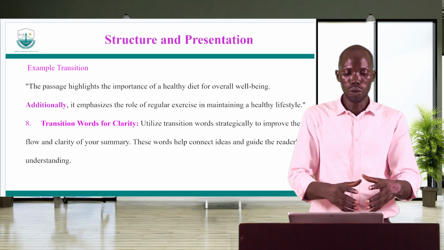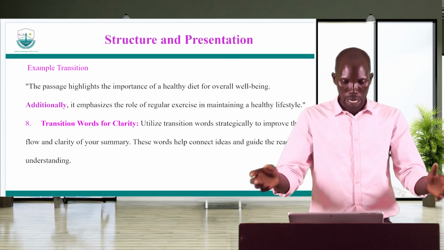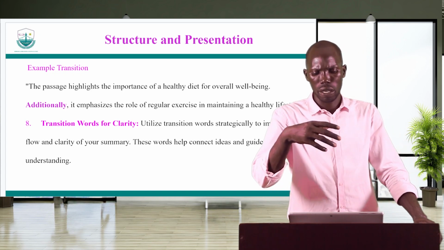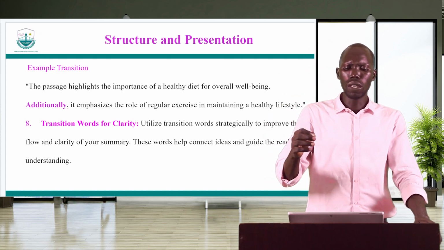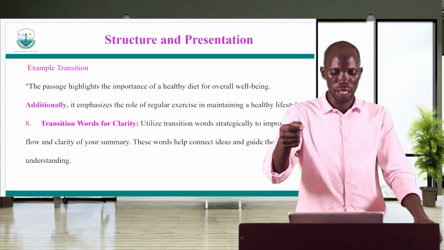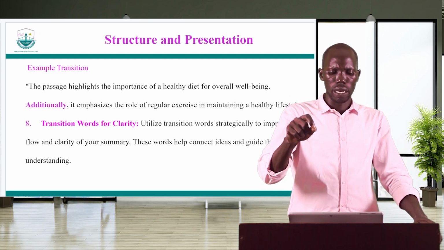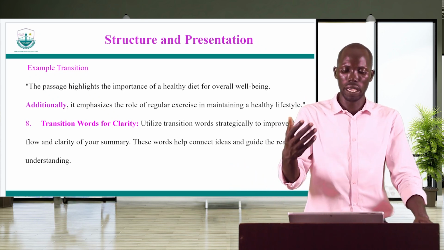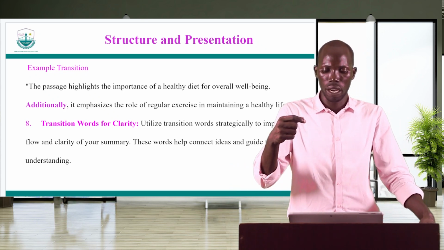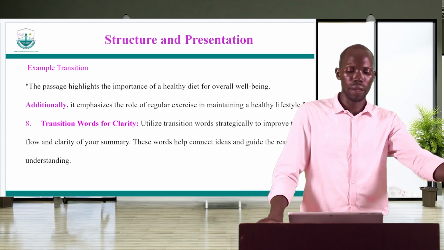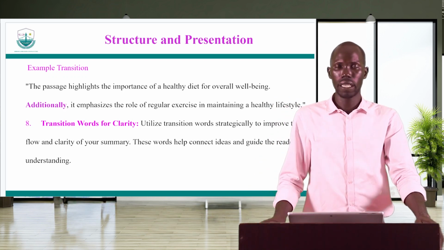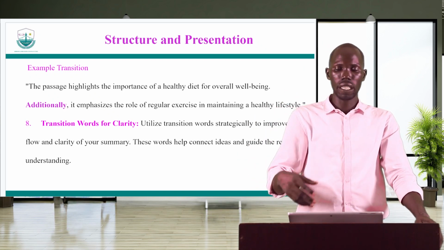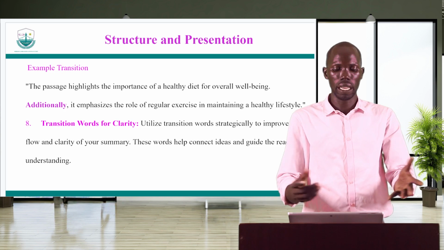In addition to the do's and don'ts, what sentence structure can you have? Let's suppose a passage talks about a number of points. Are you going to write well in your sentence structure? Are you going to be quite clear? If the passage highlights the importance of a healthy diet for overall well-being, and once you're done with that, there is something else, maybe an additional role of exercise, then we need a transition marker like additionally.